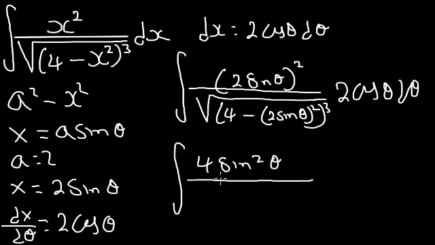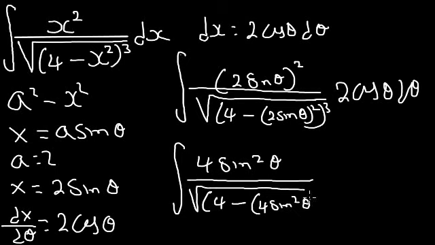And this will be divided by the root of 4 minus, unlike before, I will also like to expand this with the square over it. That will be in the bracket 4 sine squared theta, and the whole thing is raised to the power of 3. Keep in mind, we still have 2 cos theta d theta. Perfect. I hope you are following.